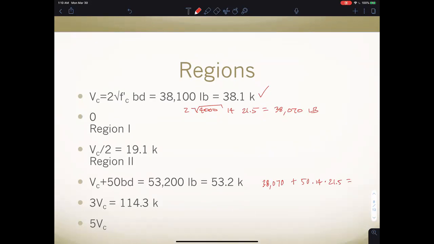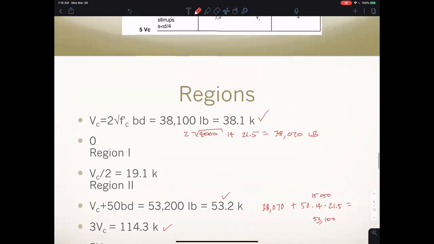So 50 times 14 times 21.5 is 15,050 when you add them together. 53,100. Some round off there. Okay, 53.2 kips. 3 VC is 114.3.